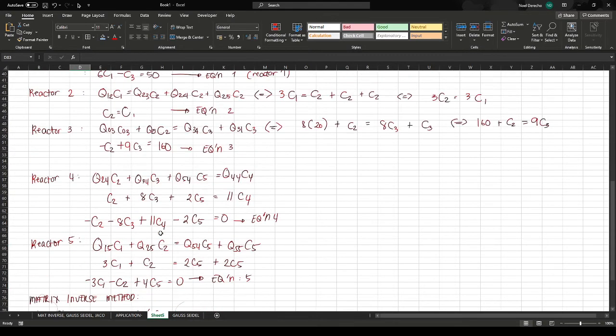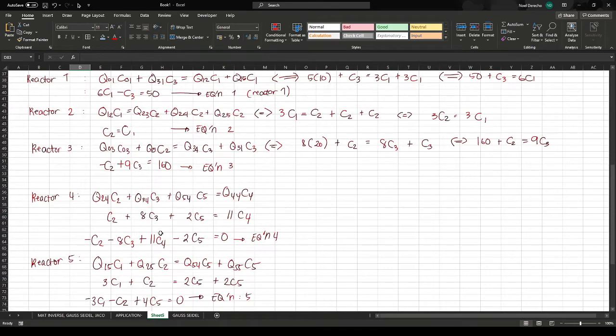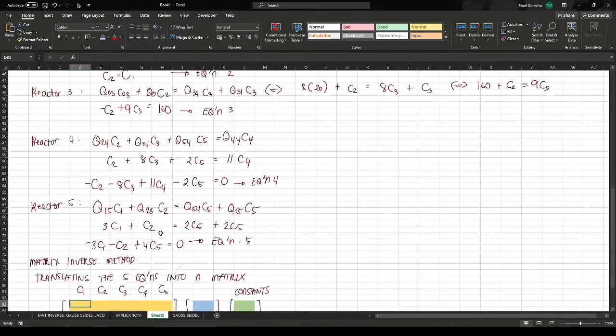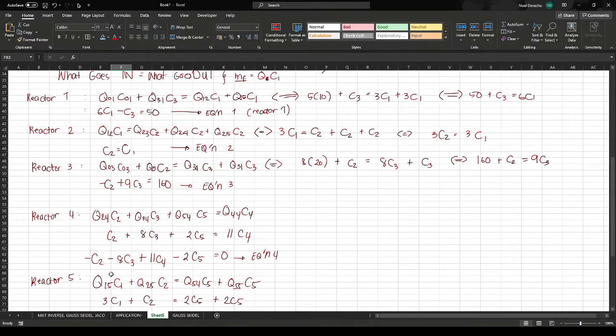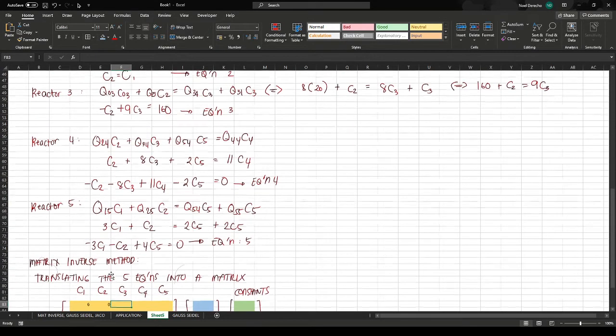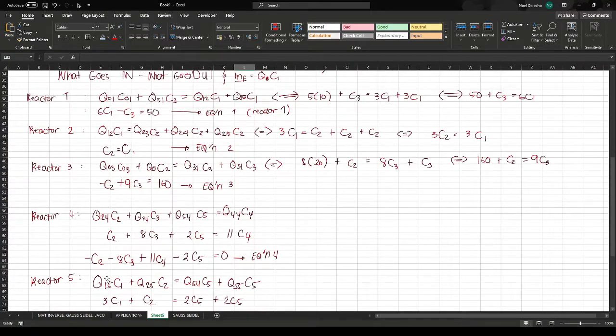So, first equation, we have 6 C1 minus C3, 50. So, 6. And then, there is no coefficient for C2. Then negative 3, negative 1. 0, 0. This is C1. This is 50.